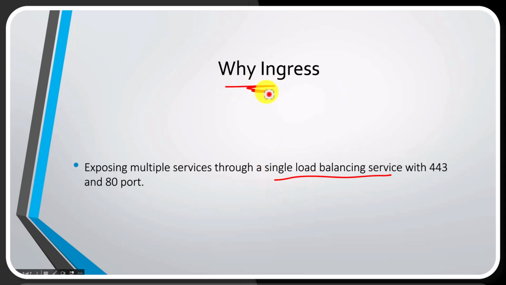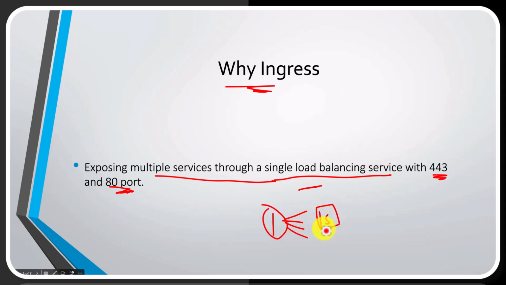When you use Ingress, it will help you expose multiple services through a single load balancing service with port 443 and port 80. So you need not create multiple load balancing services. Rather, you can just create one Ingress load balancing service that will expose multiple services to access your pod services in Kubernetes.